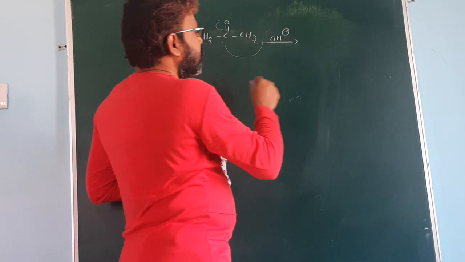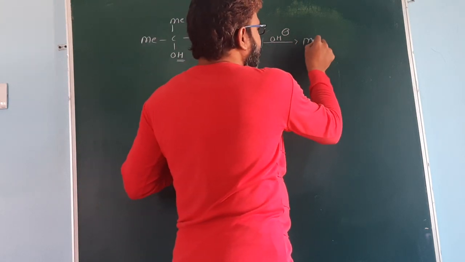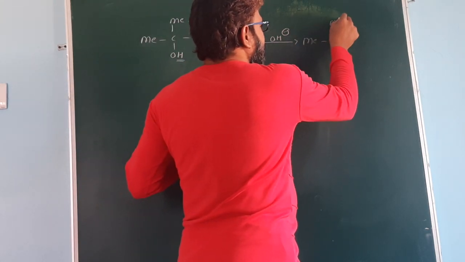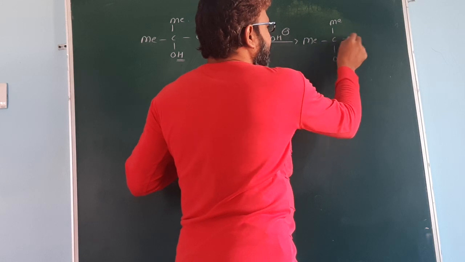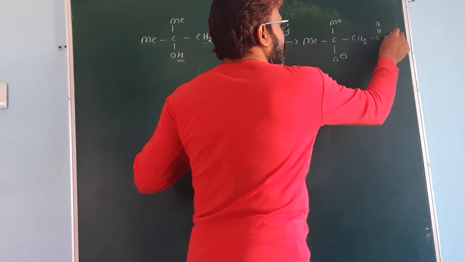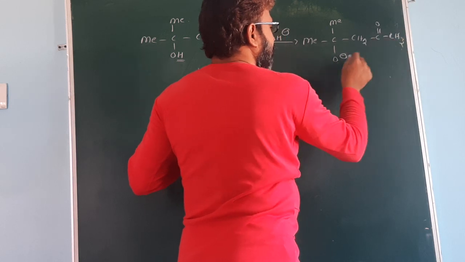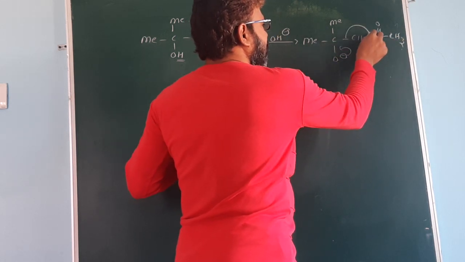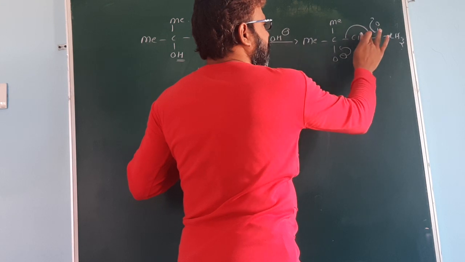So now we get Me2C(O minus)CH2C=O CH3. Now this bonded electron shifted to here, this electron shifted to here.